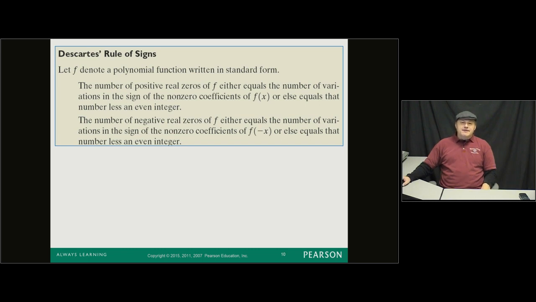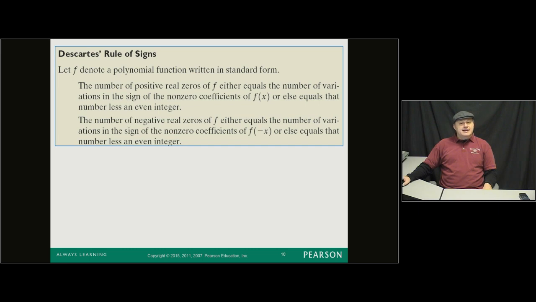So if f of x has, let's say, 4 sign changes, you can have up to 4 positive real zeros. But it may not be 4. It could be 4 or 2 or 0. That's what that last blurb is saying: it could be less than that by an even integer. So if you have 4 sign changes for f of x, you could have 4, 2, or 0.